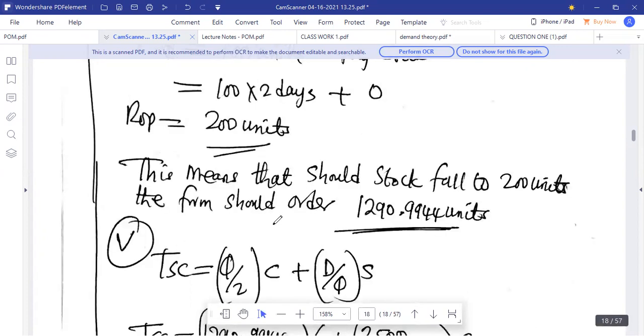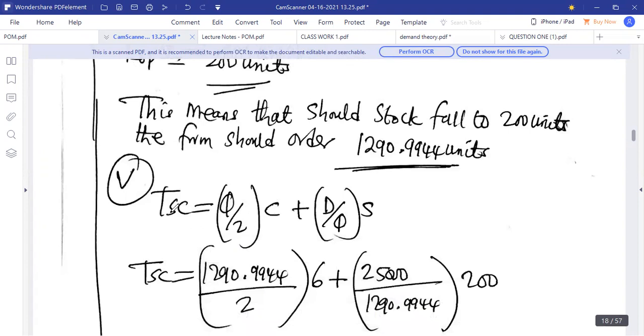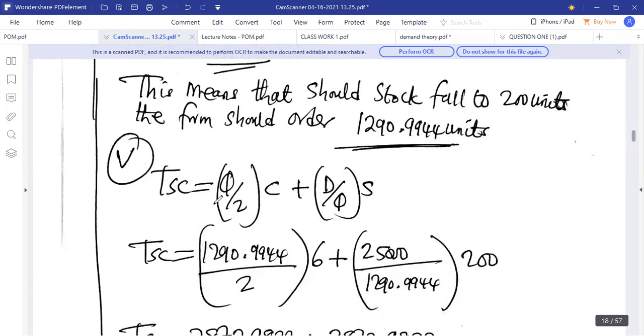That's what it means. Now you need to get the total stocking cost. Total stocking cost is the annual carrying cost. So this one is annual carrying. So this is also called ordering cost. The C is called the ordering cost. This is the ordering cost per order. So this is annual ordering cost, and this is annual carrying cost.